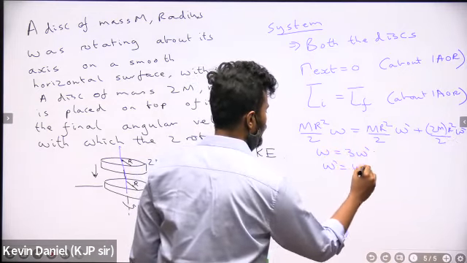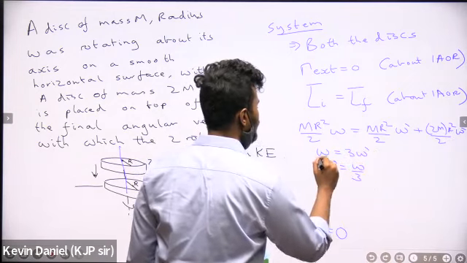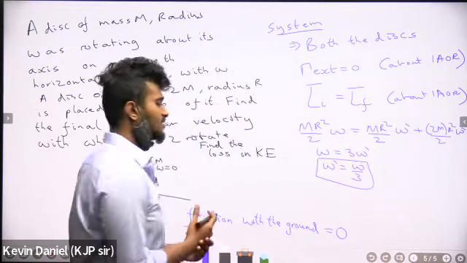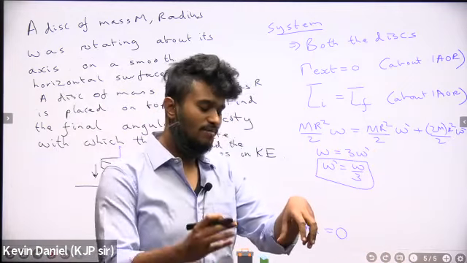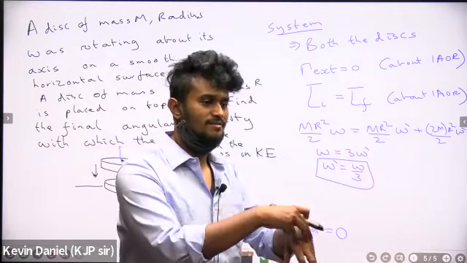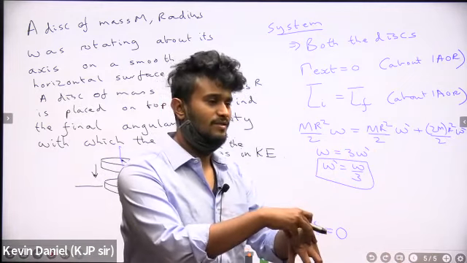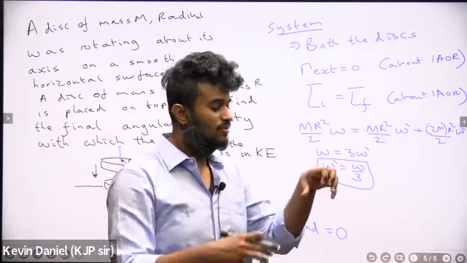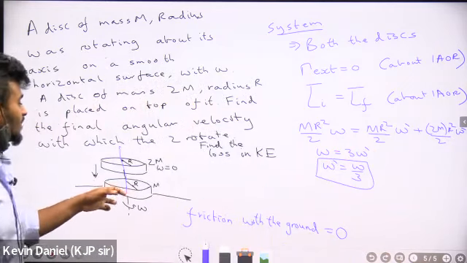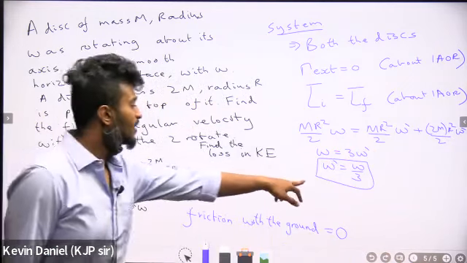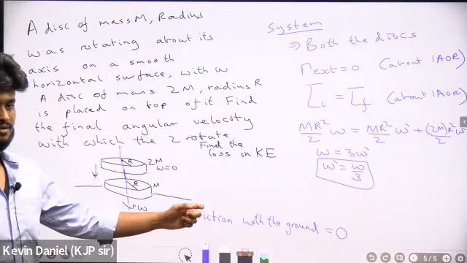So omega dash is omega by 3. It's very similar to, है ना, एक particular mass m is moving with some velocity, उसके ऊपर 2m mass का particle वापस बैठ गया, inelastic collision की तरह हो गया, तो mass 3 गुना हो गया तो velocity 1/3 हो जाता है. वैसे ही क्वेश्चन है, यहाँ मोमेंट ऑफ इनर्शिया 3 गुना हो गया, ओमेगा डैश 1/3 हो गया.